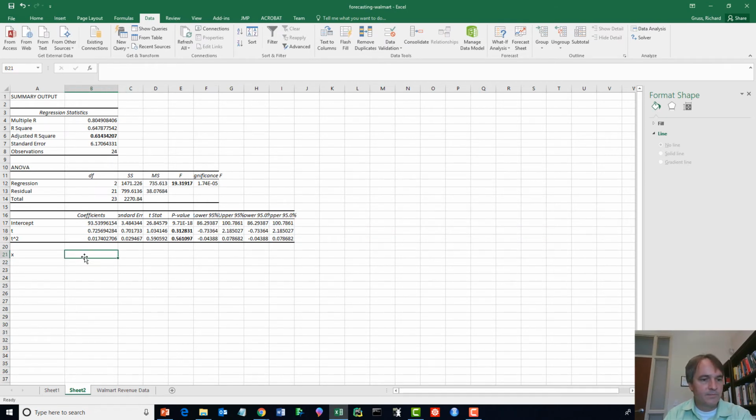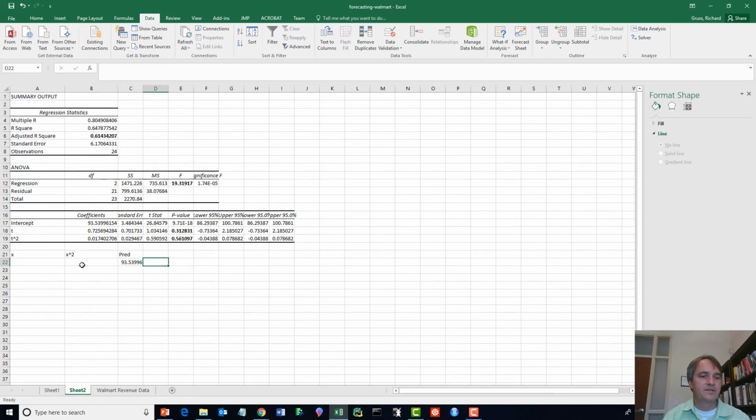So we'll put x squared and then our prediction. Our prediction is going to be intercept plus this coefficient times whatever's x plus this coefficient times whatever's here. Okay, so that'll be our prediction.